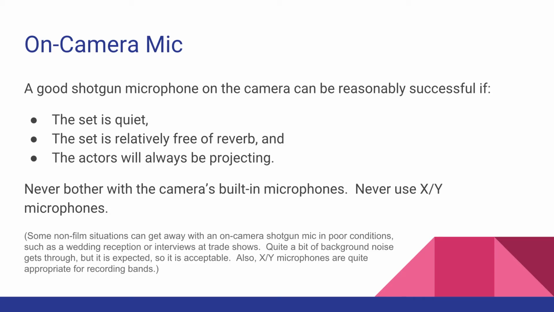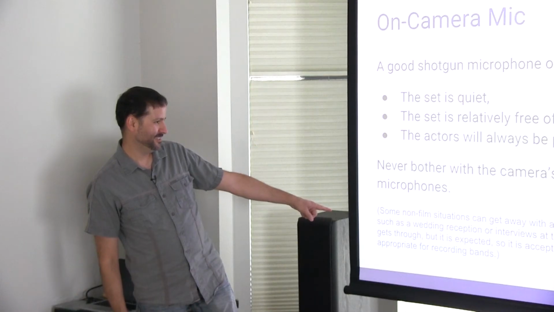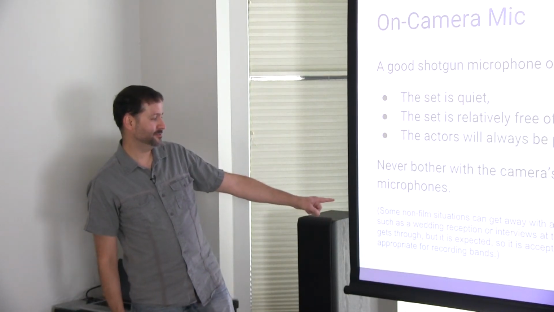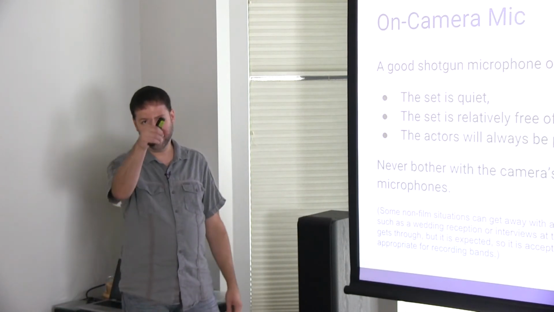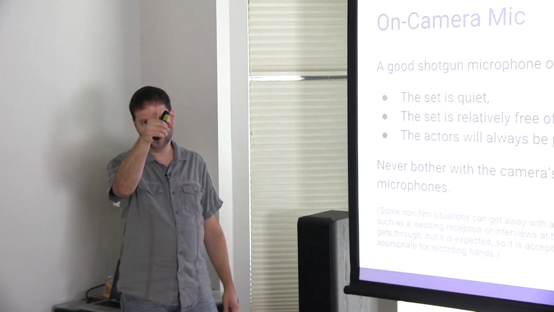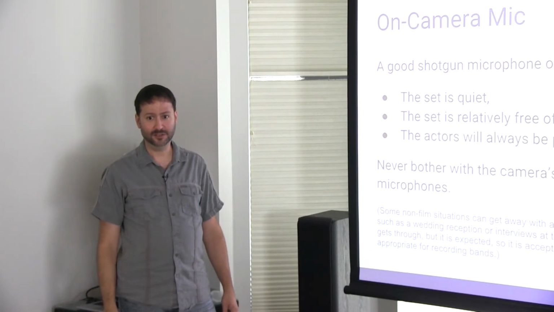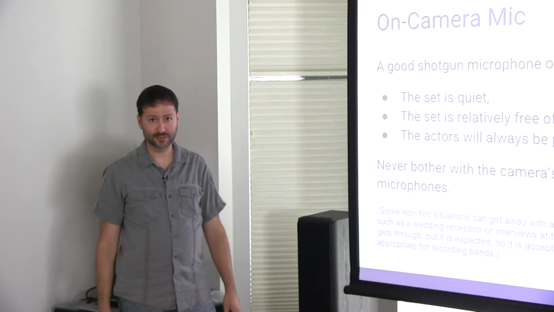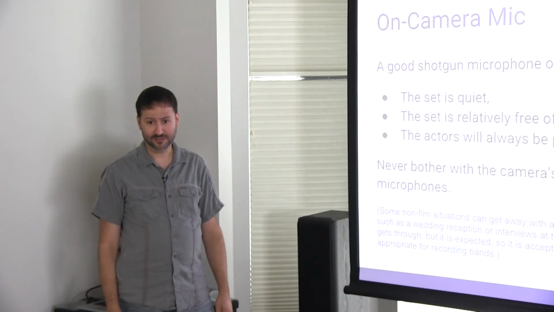Oh, so this is a note for Jeff. I have had good results with that camera and that on-camera stereo shotgun microphone in wedding receptions, where I go around and interview people, and it's amazing.